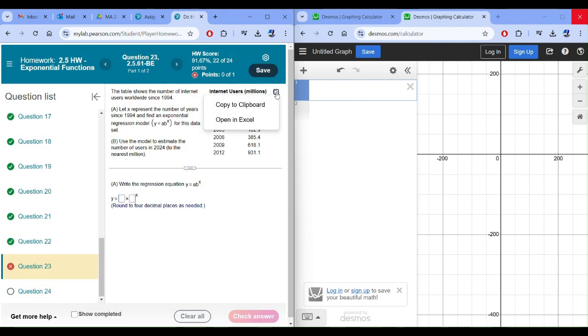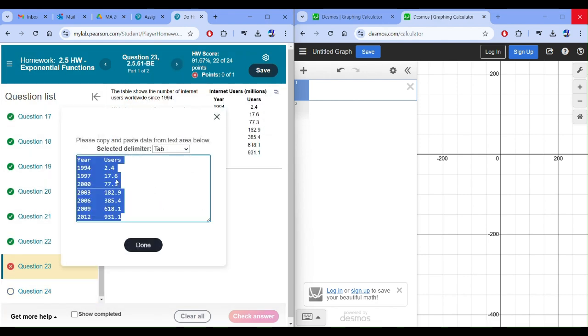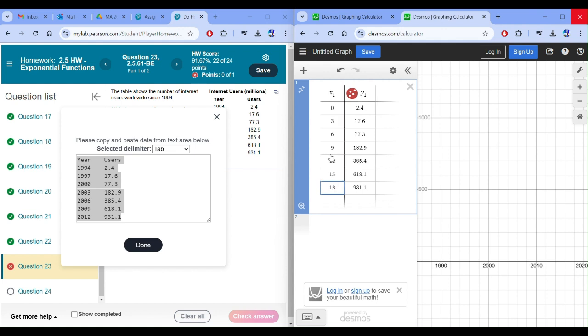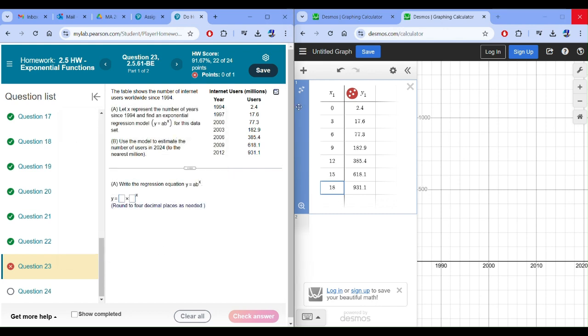Okay. Copy to clipboard. Control copy. Control paste. This is going to be year 0. This is year 3. This is year 6. This is 9. This is 12. This is 15. And then this is year 18. Done.